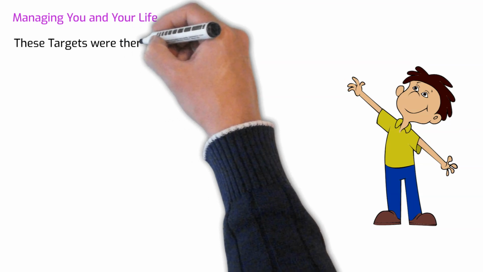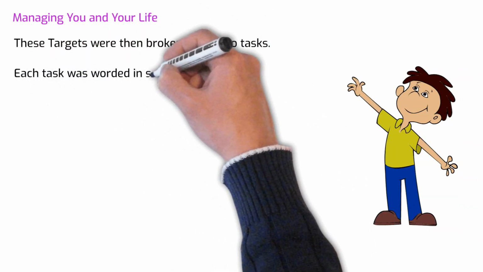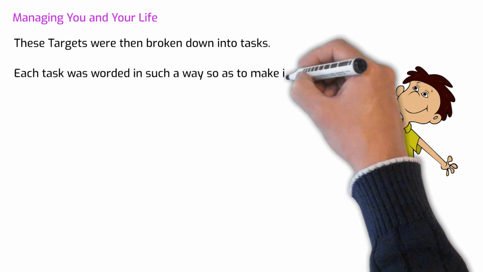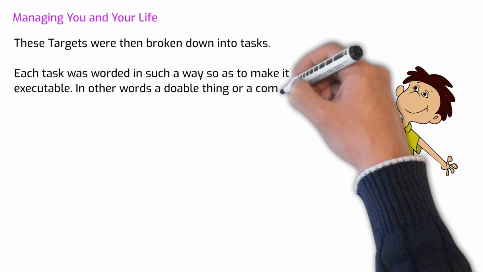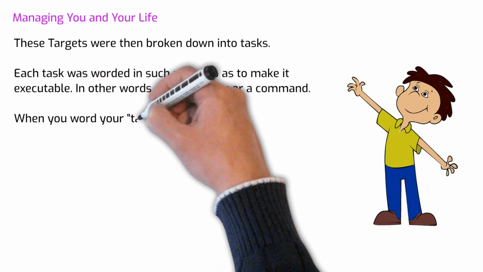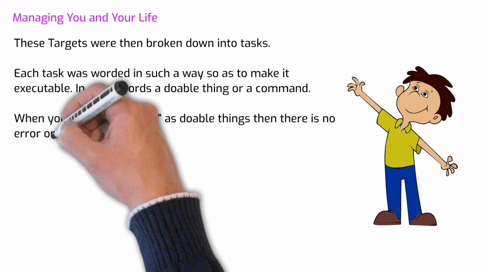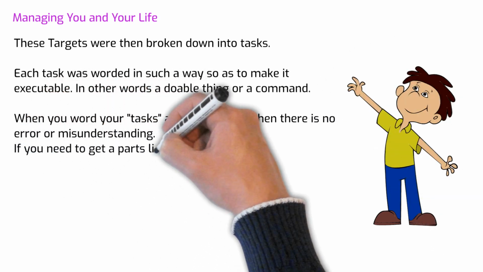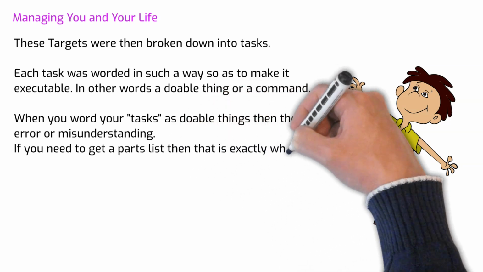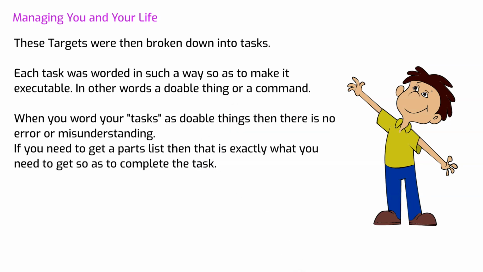These targets were then broken down into tasks. Each task was worded in such a way so as to make it executable. In other words, a doable thing or a command. When you word your tasks as doable things, then there is no error or misunderstanding. If you need to get a parts list, then that is exactly what you need to get so as to complete the task.